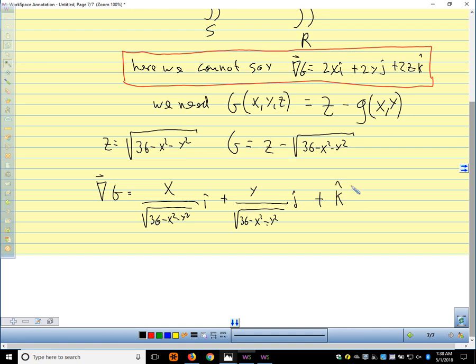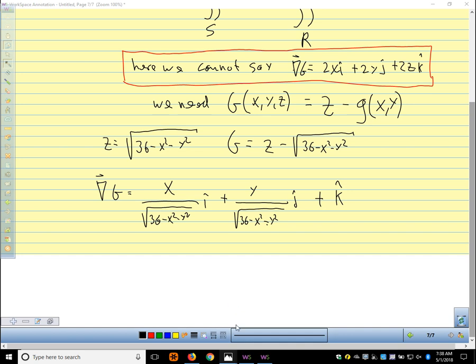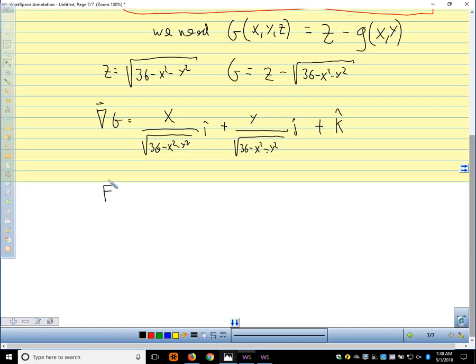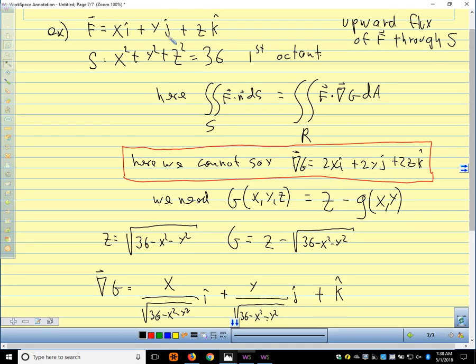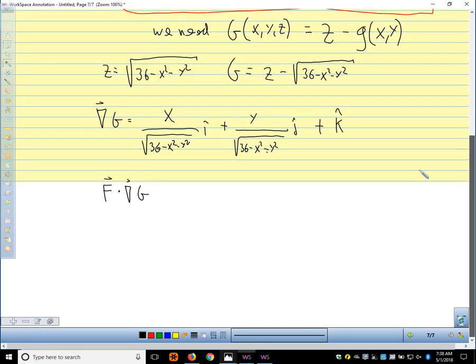There's our upward normal vector. And f dot del G? Well, here's my f. So we get x squared over that radical plus y squared over that radical.